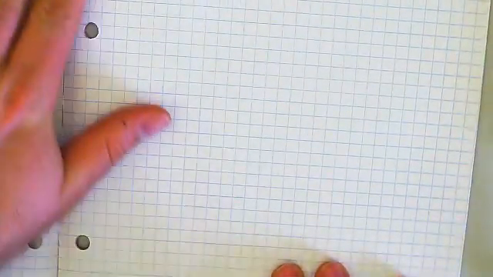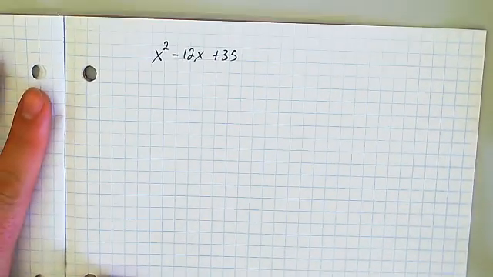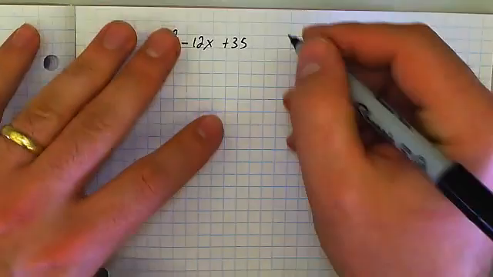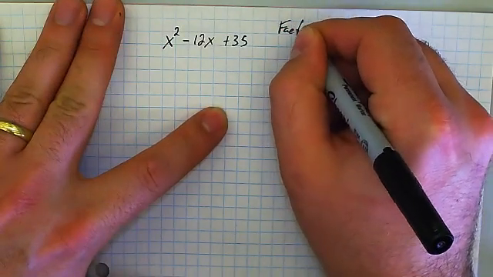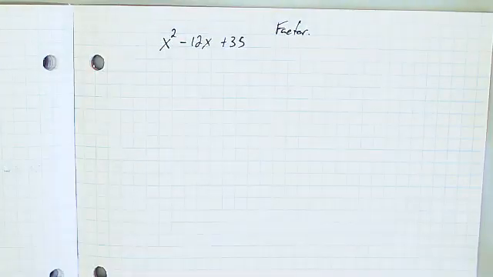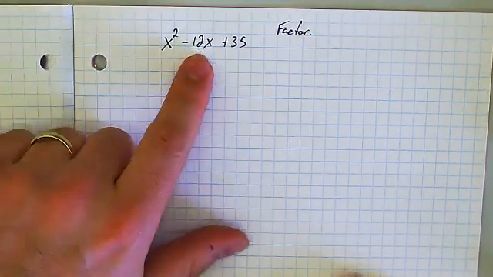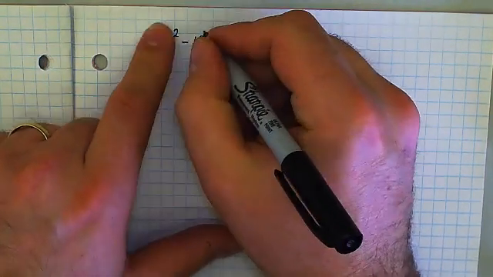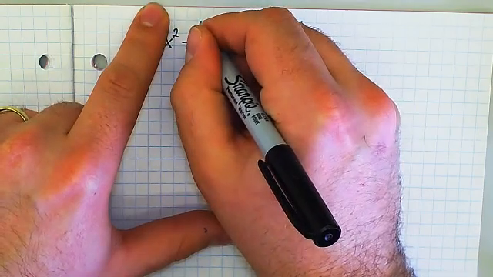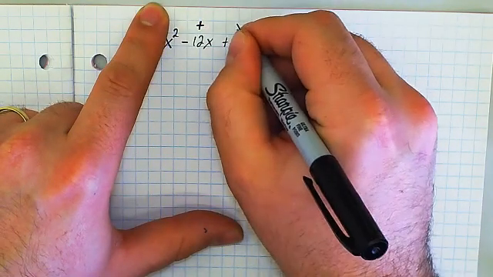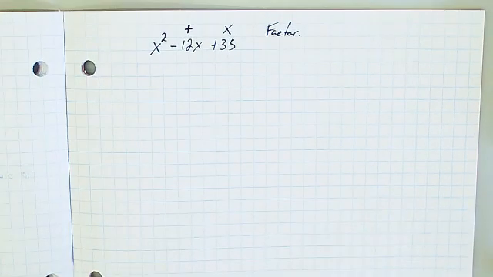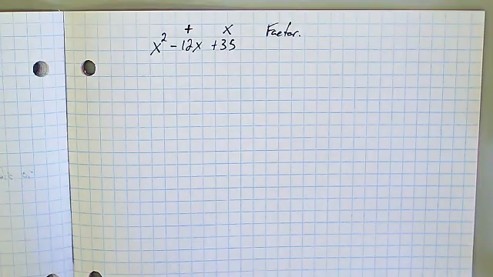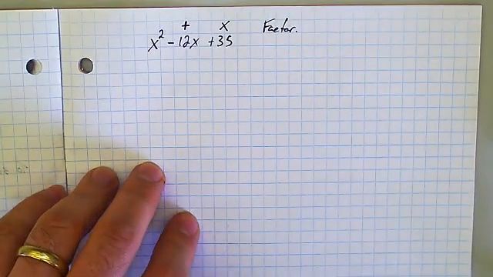So, we'll do this again step by step, and I'll go a little bit slower. So, we're going to factor x squared minus 12x plus 35. The numbers in the middle don't really matter. What we care about is we have to realize we have to add to our middle term, we have to multiply to our last term.